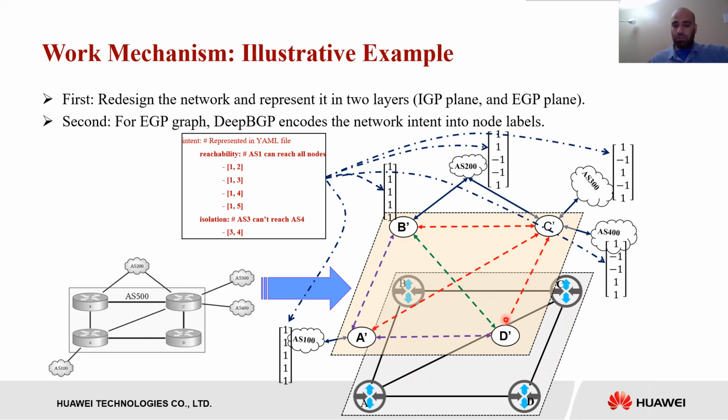For the exterior gateway protocol, we are interested in establishing the operator intent, as we can see from the YAML file. Therefore, we take the YAML file and encode it in the labels for each node. For example, label AS200 can reach AS100, can reach itself, cannot reach AS300, cannot reach AS400, and can reach AS500, which is the internal autonomous system here, the big orange autonomous system.